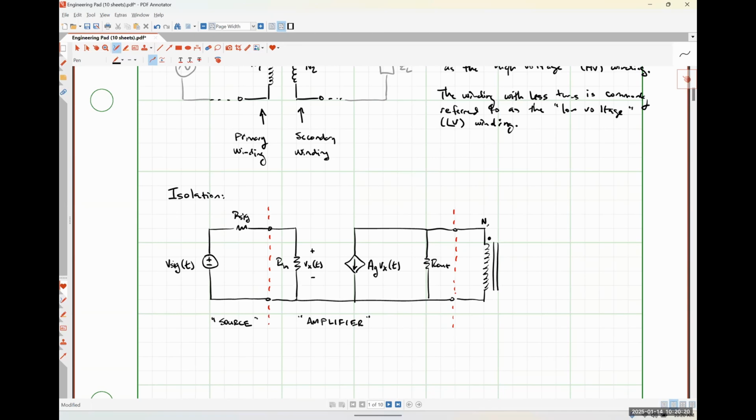Talked about these a little bit in, was it 280 last spring? And then lastly over here, we might have our load, which in this example of a guitar amplifier system would represent a speaker.